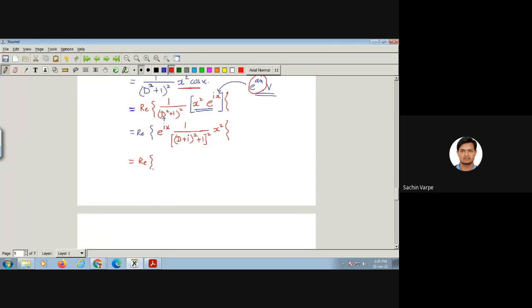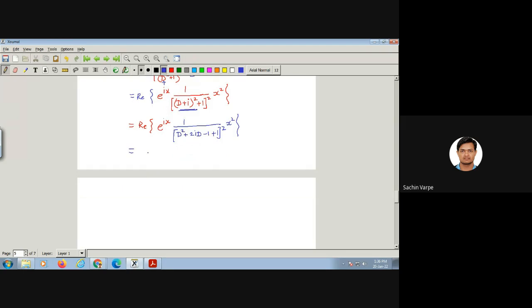That is real part of e to the power ix. And now we simplify this denominator first, that is 1 upon, इसको expand करो तो that will be (d square plus 2id plus I square, that is minus 1, and plus 1), isn't it? The whole square, that is operated on x square.